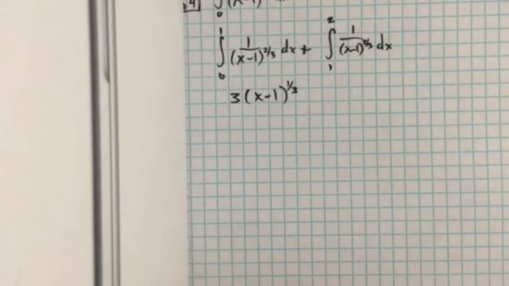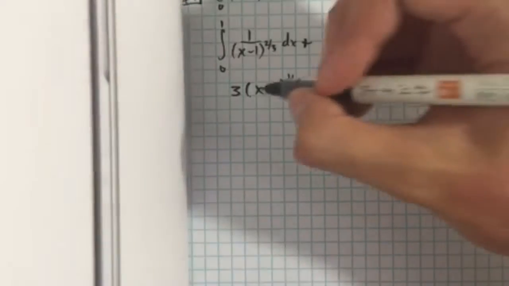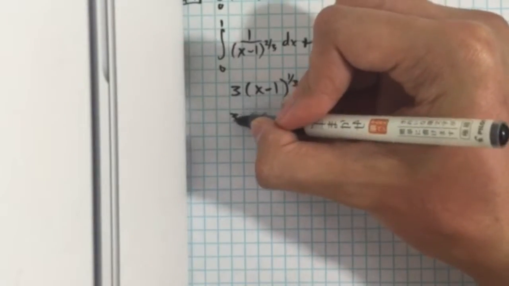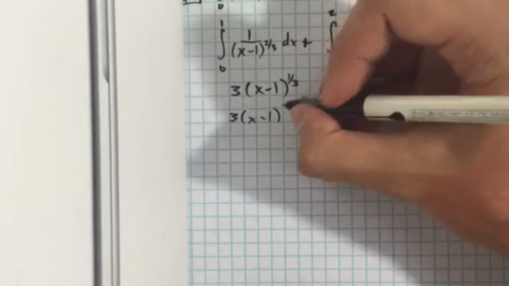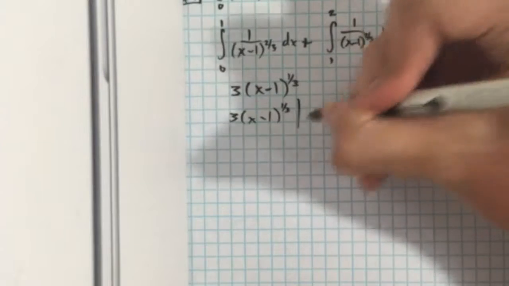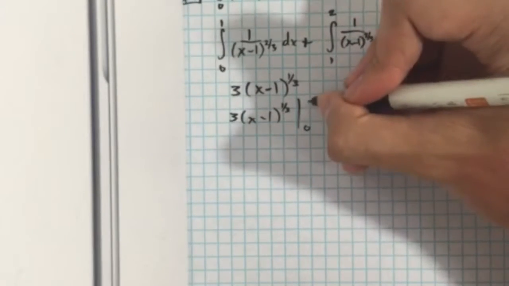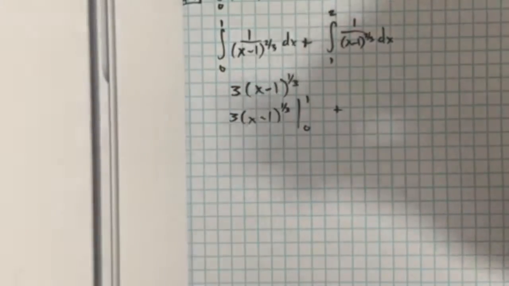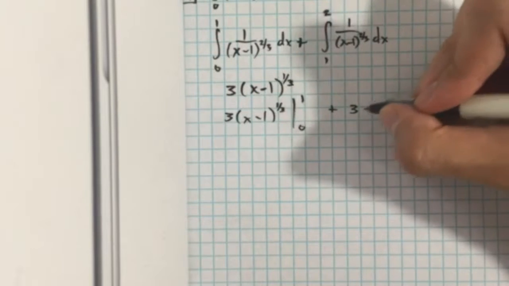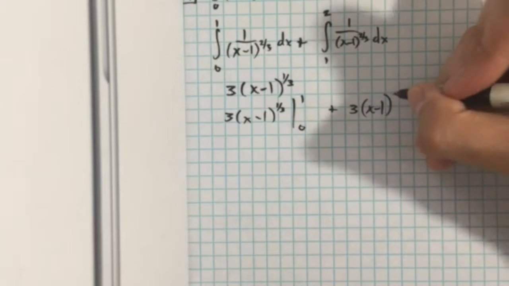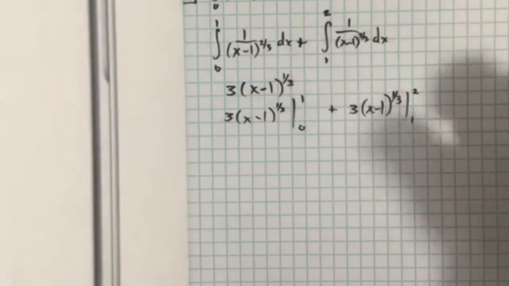Using the fundamental theorem of calculus, we'll get 3 times x minus 1 raised to 1/3 from 0 to 1 plus 3 times x minus 1 raised to the 1/3 from 1 to 2.